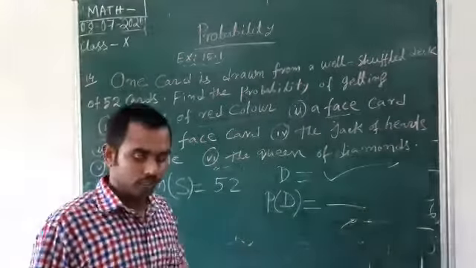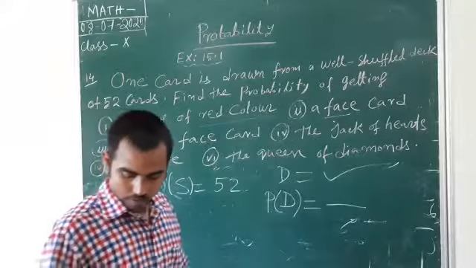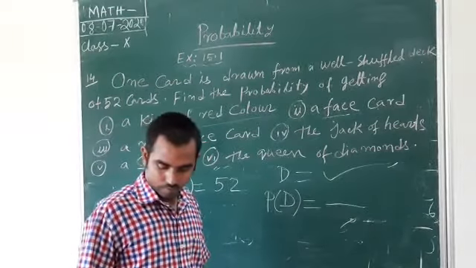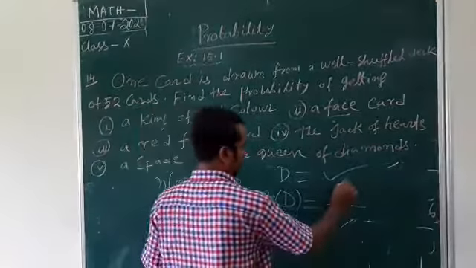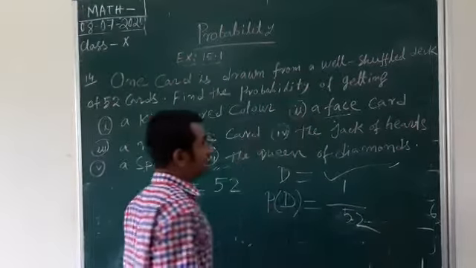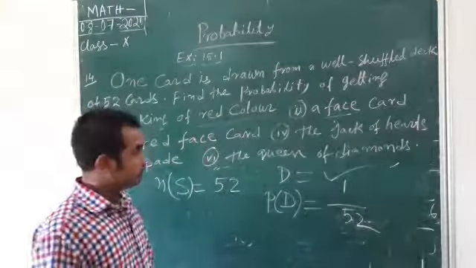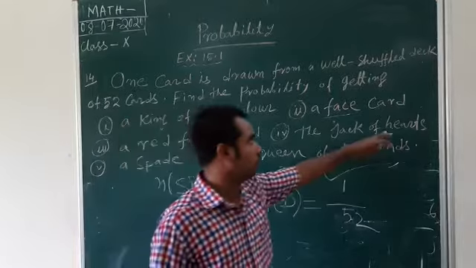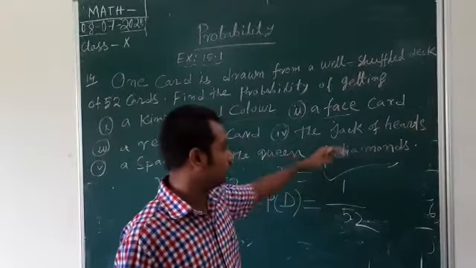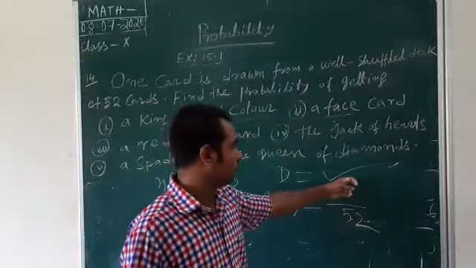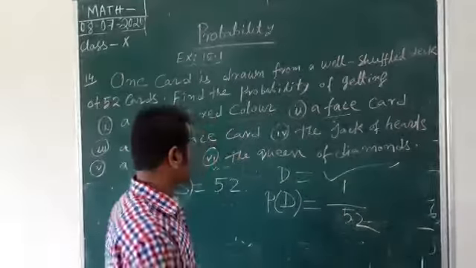Only one jack. So here 1 by 52. Hearts contain only one jack, so 1 by 52. 52 is the total number of sample points, 1 is the number of events.